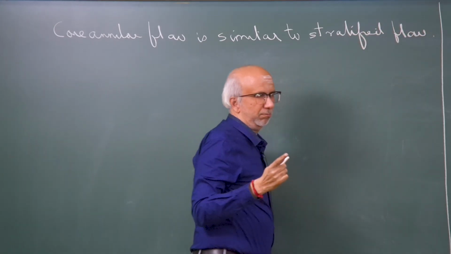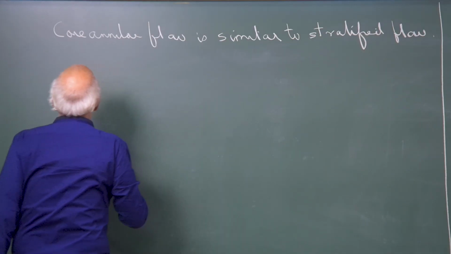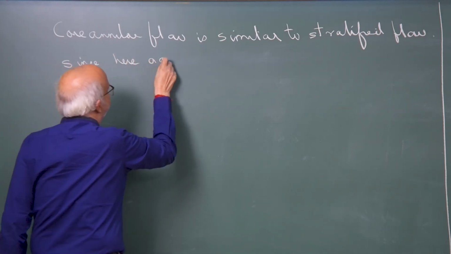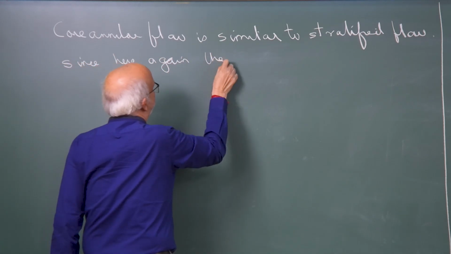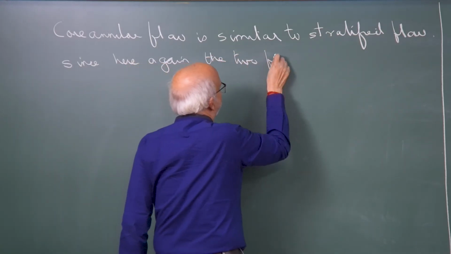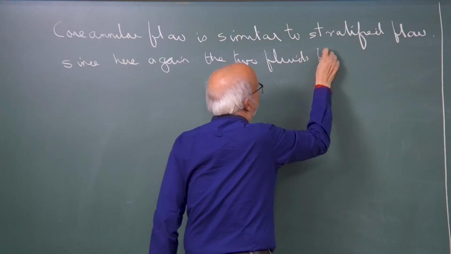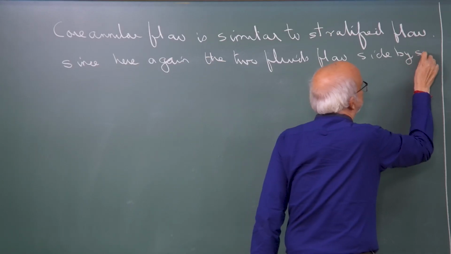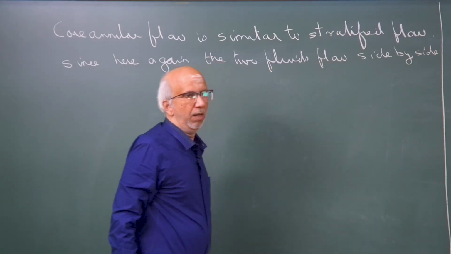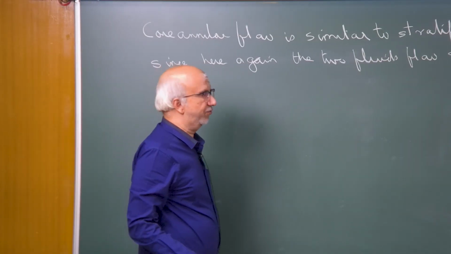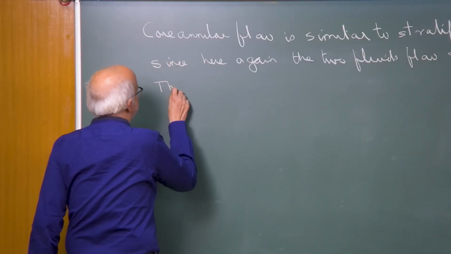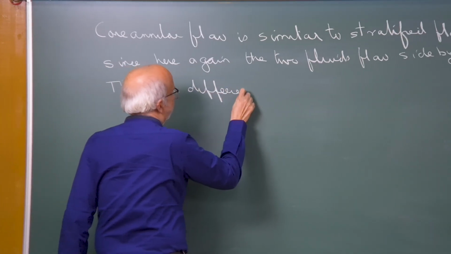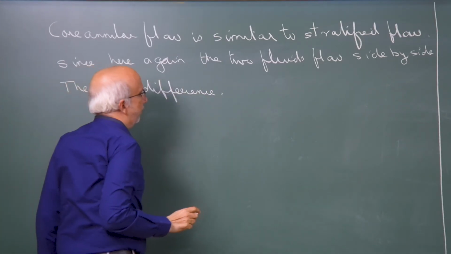It is also stratified flow, since here again the two fluids flow side by side. Okay, but there is a small difference which I want to emphasize, but there is a difference. Let me explain to you what that difference is.